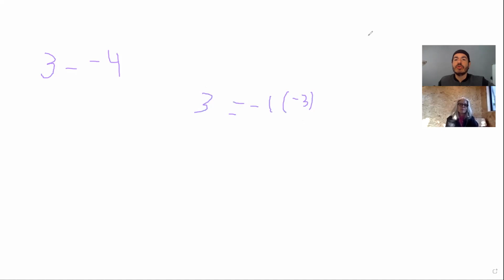But right now we're just dealing with numeric expressions, and where we've only seen them with one operation, like 3 plus a negative 4 or 3 minus a negative 2, we're going to begin to see them with multiple operations in them.